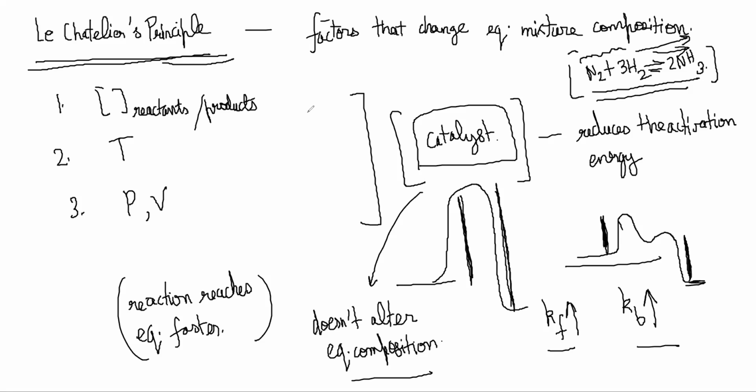Increasing the volume reduces the pressure. So if you increase the volume of this reaction, it will go towards the side which increases pressure. So the backward reaction will be favored if you increase the volume, for the ammonia reaction.